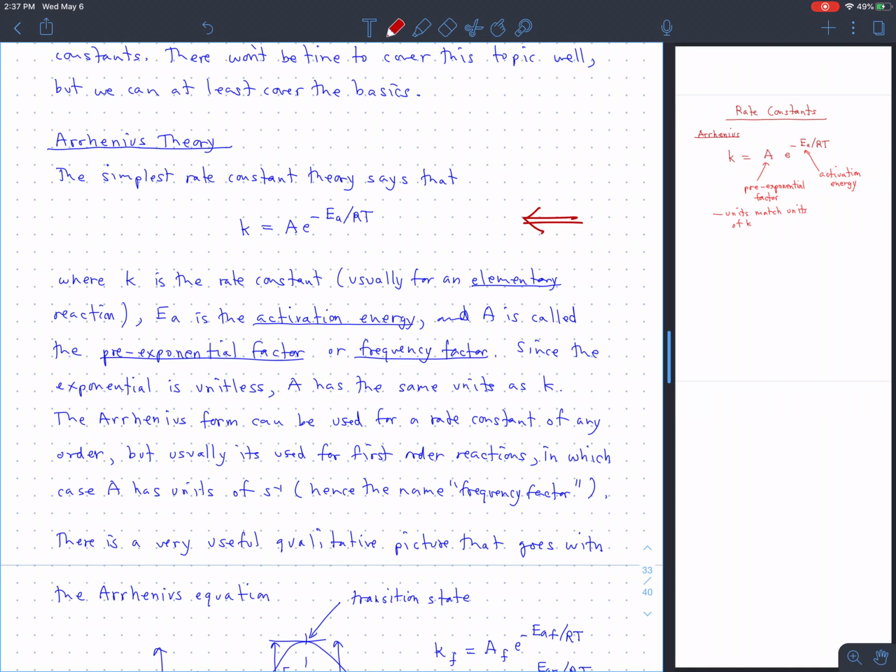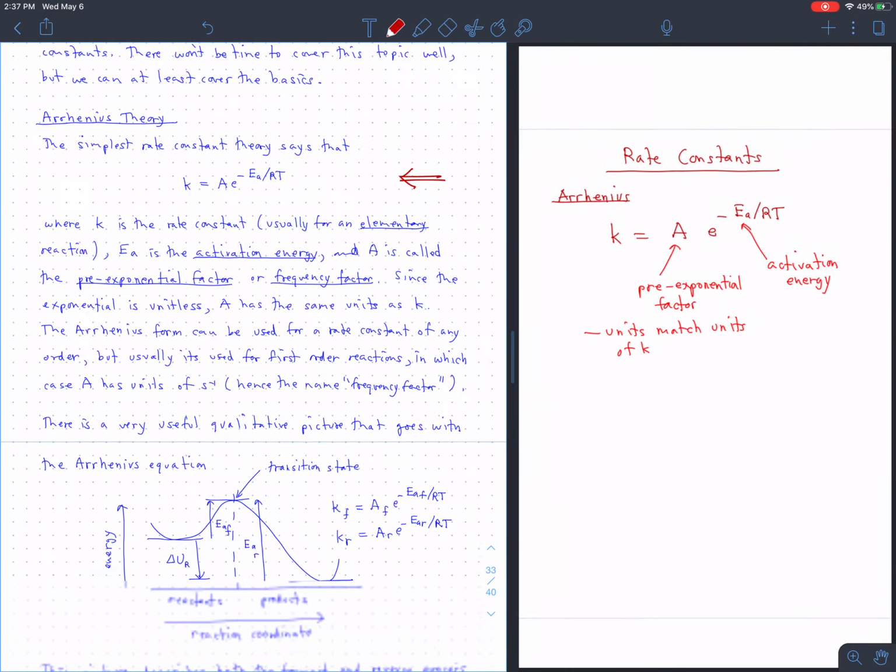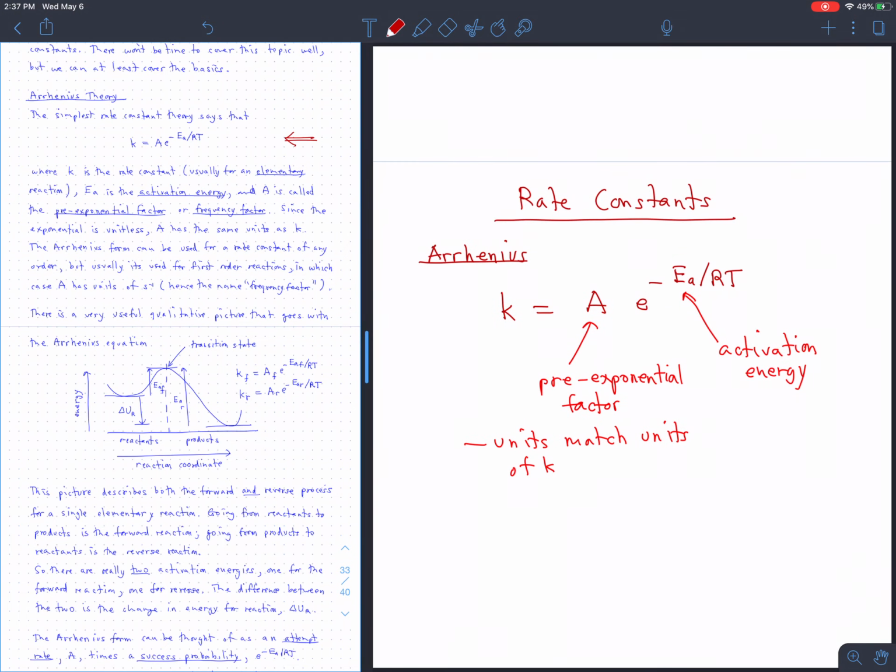There are better theories out there that aren't a whole lot more complicated than Arrhenius, and sometimes people use those rather than Arrhenius for that reason. But that said, Arrhenius is the oldest and probably still the most widely used of all the rate constant theories out there. So let's look at the Arrhenius law, the Arrhenius expression.